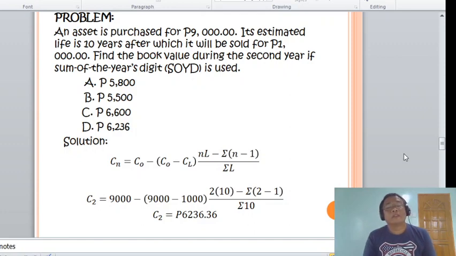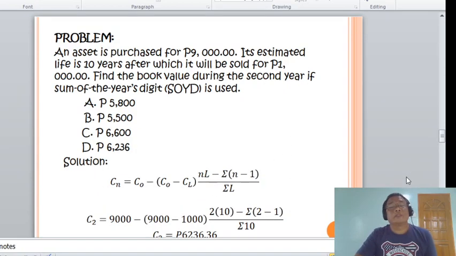Take note, this is similar to the previous example, only that the book value here is during the second year. So the computed value for the book value is 6,236.36.